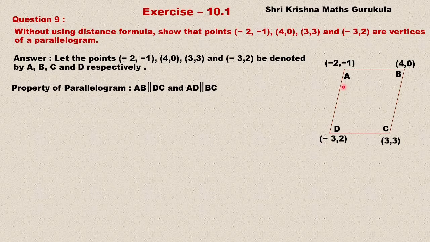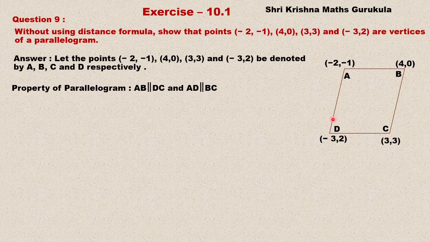Why is that so? If you just consider AD and BC and consider this as the x-axis, now look at the angle of inclination. The angle of inclination with the positive direction of the x-axis in the anti-clockwise direction will be the same. Tan of that angle of inclination is the slope. That is, if you consider that angle of inclination as theta, tan theta is the slope of the line.